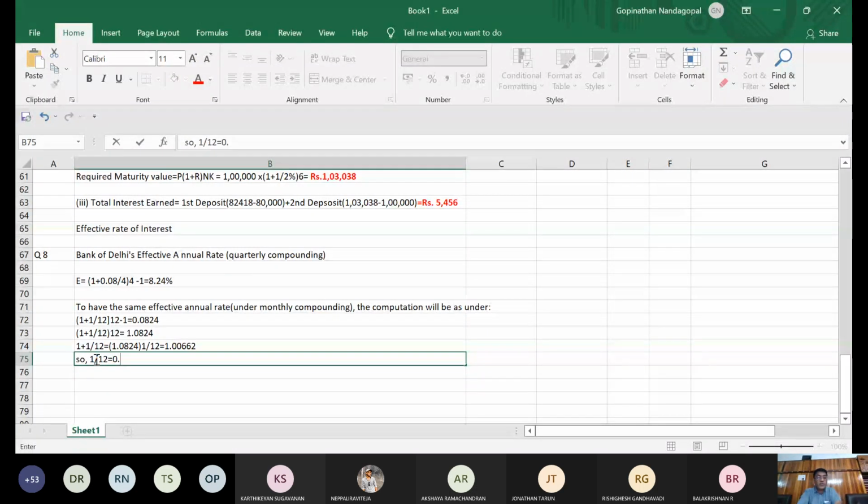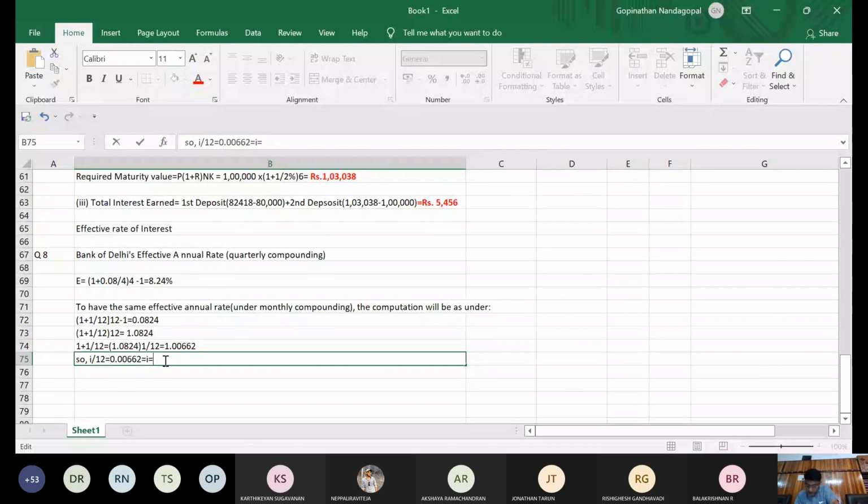Sorry, it is not 1, it is i, by mistake I wrote that. So i is equal to how much? It is the interest rate. Sir, 7.94.